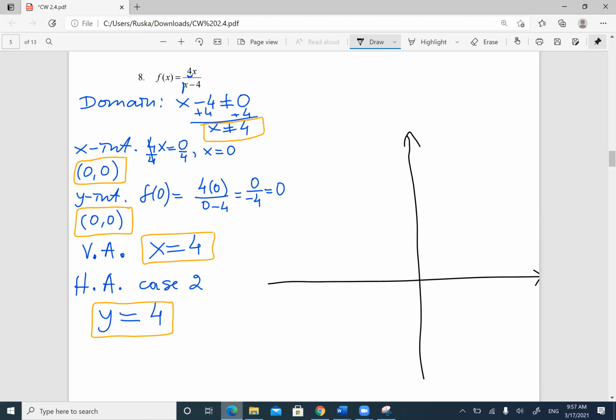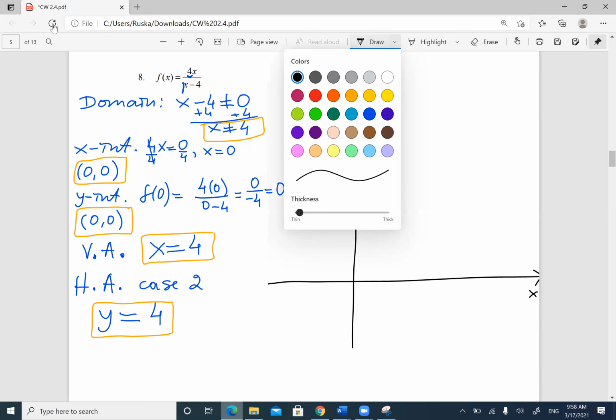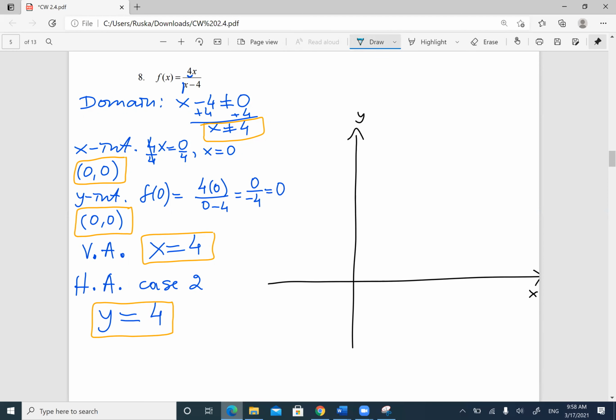And then, hold on, we have x is 4, so I'm going to move this a little bit this way. Okay, so we have x-axis and y-axis. This is what is given. We're going to start with the asymptotes. Okay, so we have x equals 4.